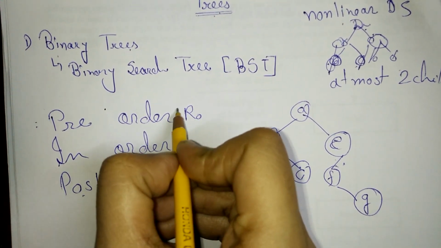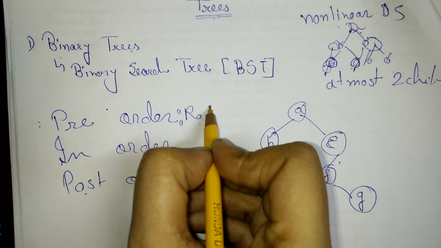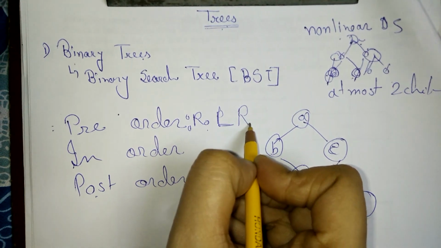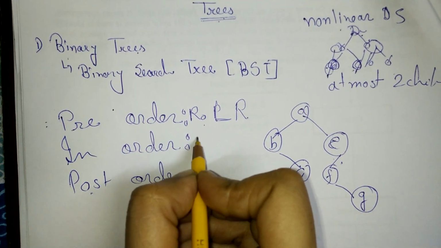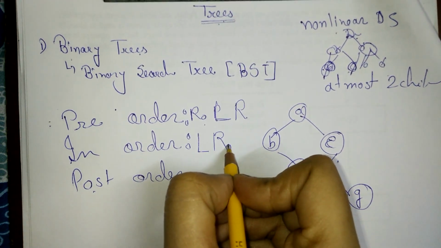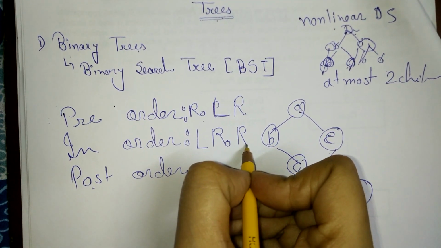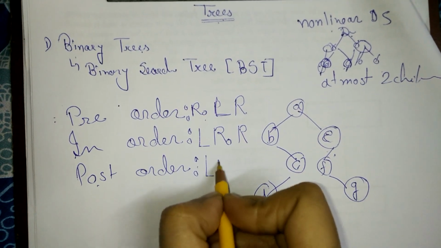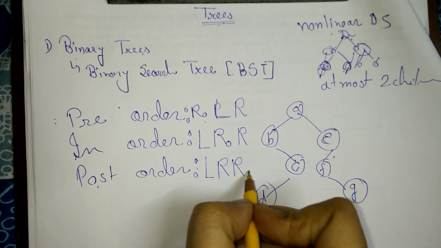The pre-order sequence is: first we visit the root, then the left child, and lastly the right child. Similarly, for in-order, first we visit the left child, then the root, and then the right child. Lastly, for post-order, we visit the left subtree, then the right subtree, and then the root.